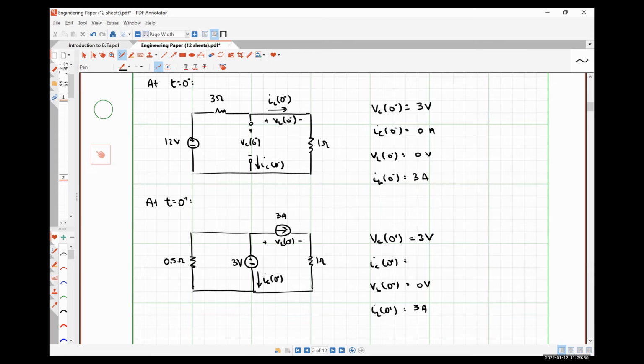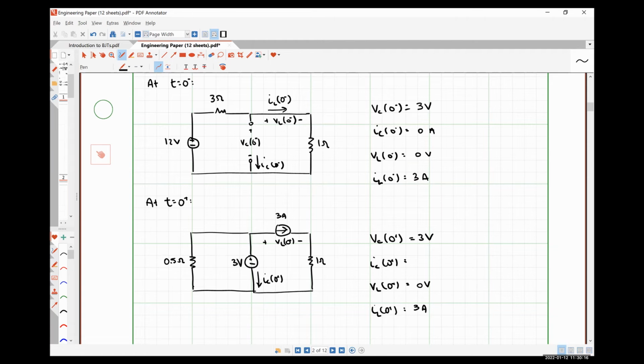We can get IC using Kirchhoff's current law at that top node, right? Since this 1/2 ohm resistor on the left has a 3 volt drop over it, what's the current flowing to the left and down through the 1/2 ohm resistor? 6 amps.